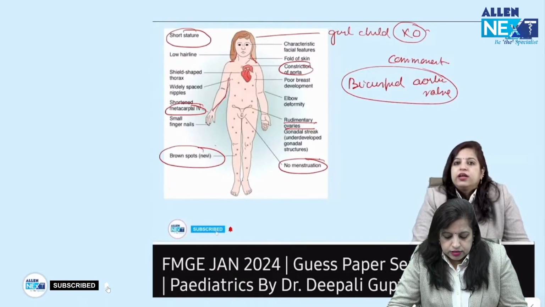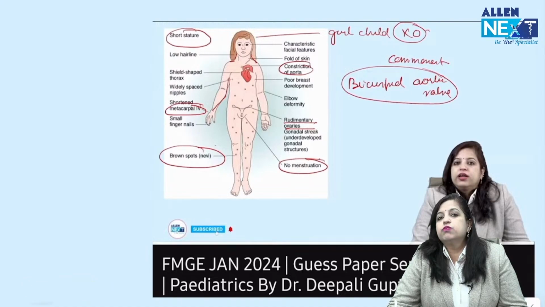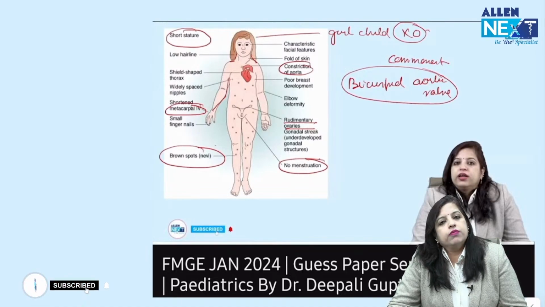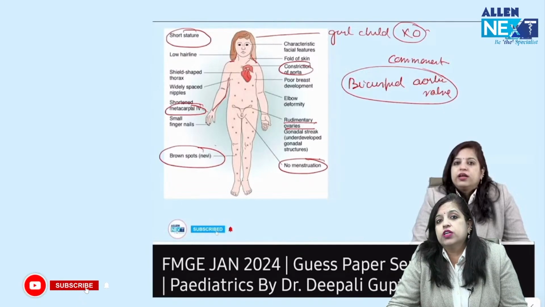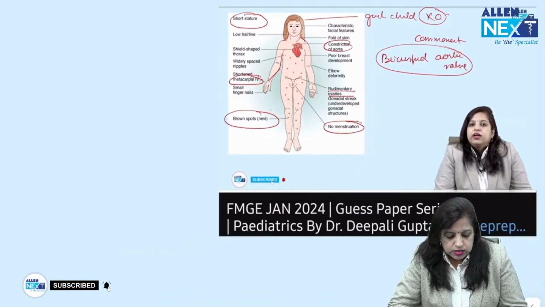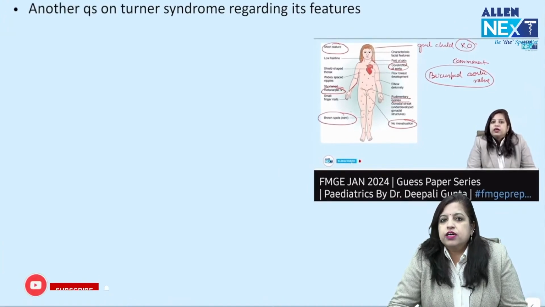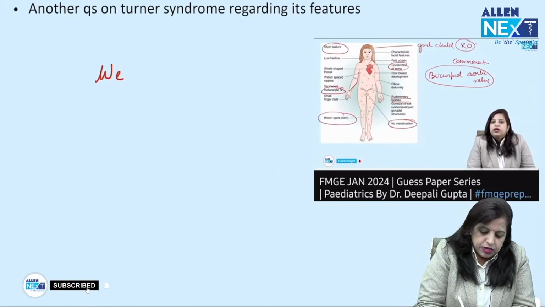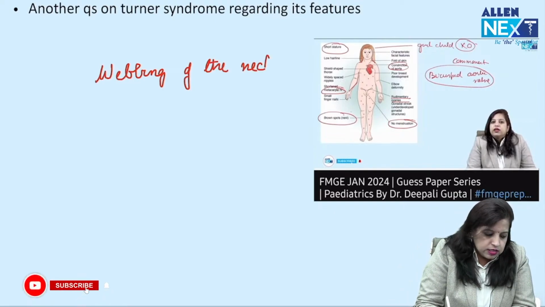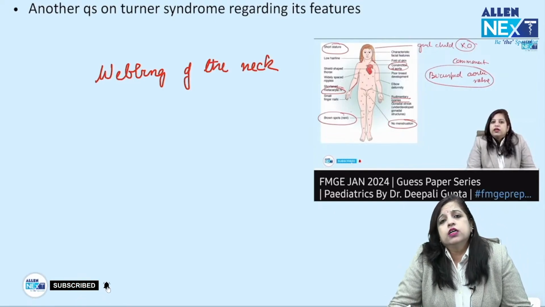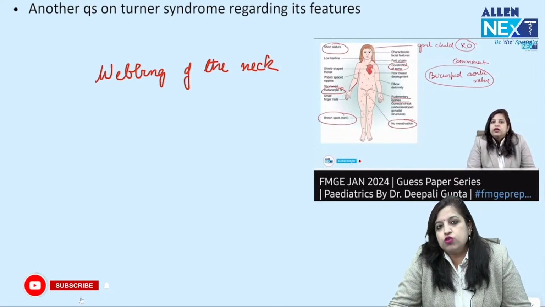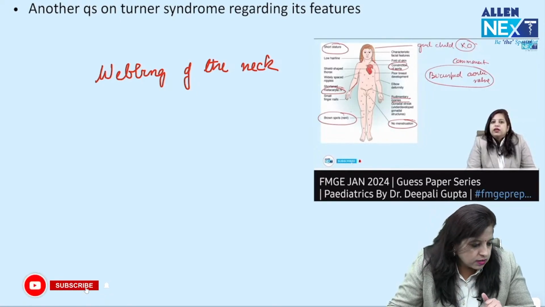And then there is poor breast development, and development of the secondary sexual characters is definitely delayed, and that was what was given in the first question. So this was discussed in detail, and again here the correct answer was webbing of the neck, although I could not find out the other features of Turner syndrome which had come. So I hope this was the only correct feature mentioned, and this is the correct answer, right?